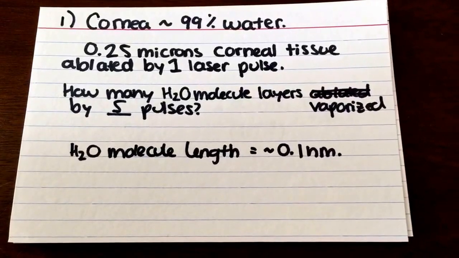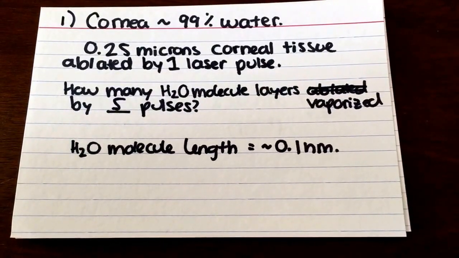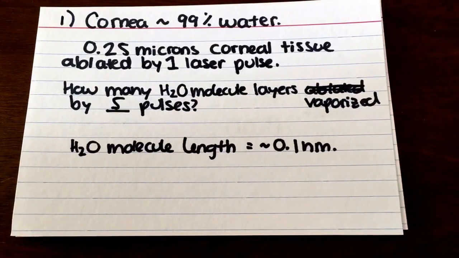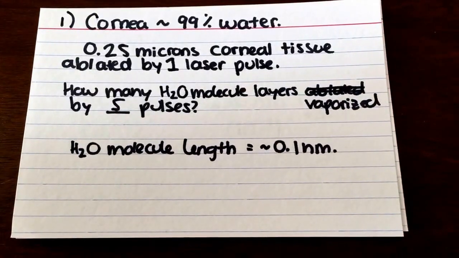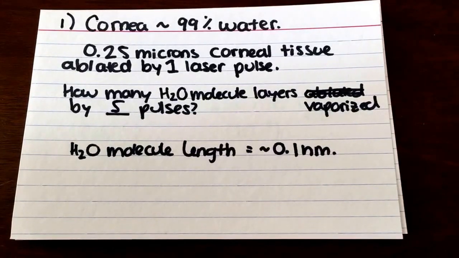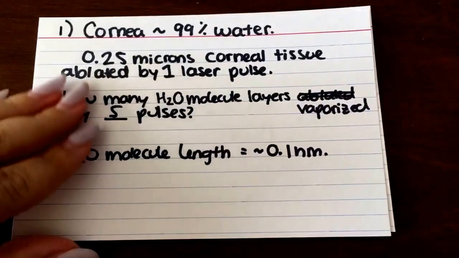Mine is that the cornea is approximately 99% water, and approximately 0.25 microns of corneal tissue are ablated by 1 laser pulse. The question is, how many water molecule layers are vaporized by 5 pulses? And a water molecule length is approximately 0.1 nanometers.